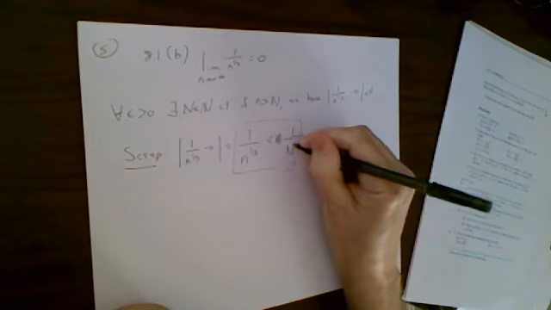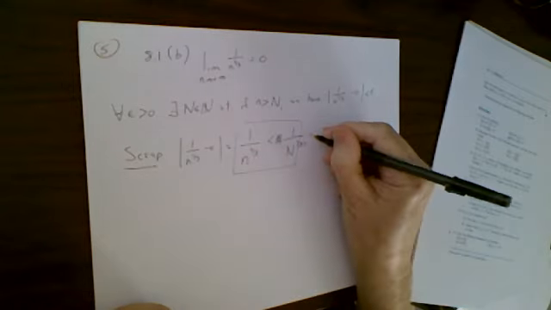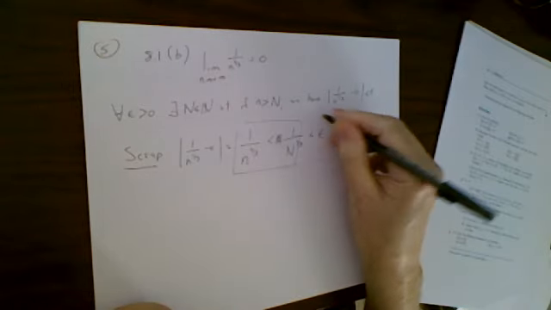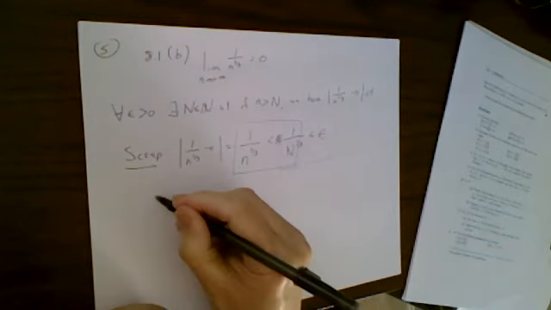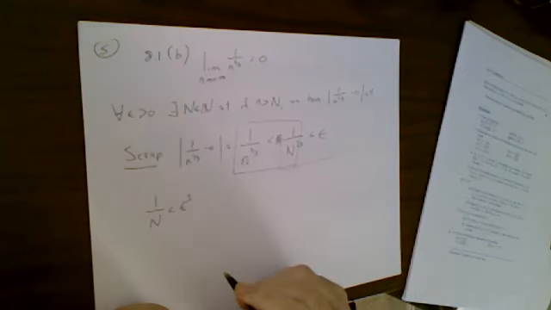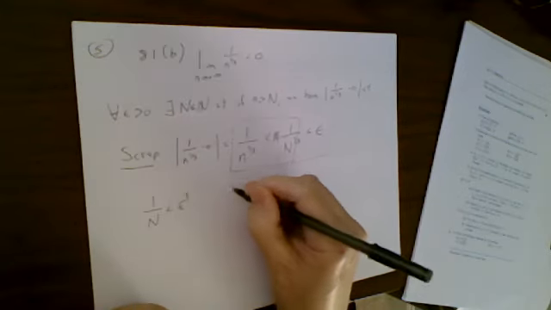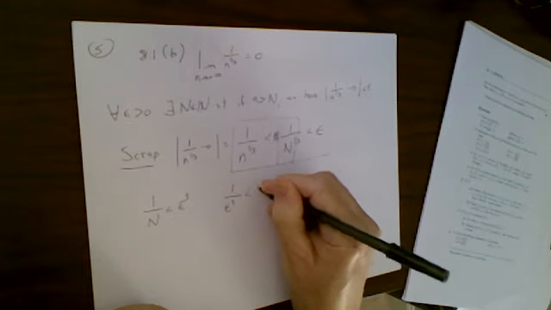This would be less than 1 over n to the 1/3. And we want this to be less than epsilon. But we'll just do a little algebra here. This is the same as 1 over n being less than epsilon cubed. And that's the same as 1 over epsilon cubed being less than n.